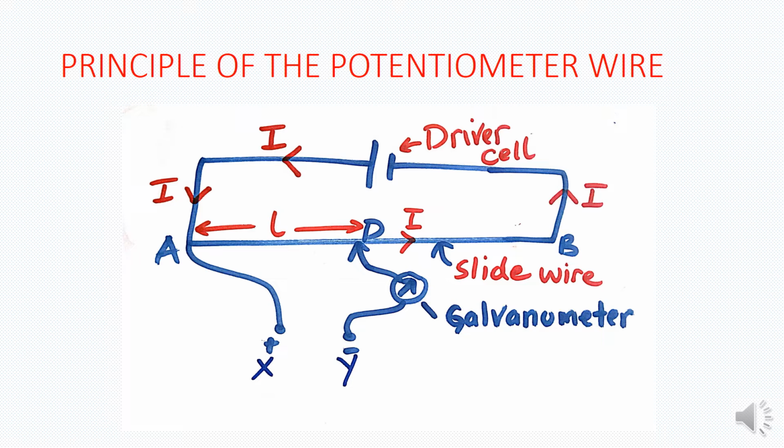So the PD of the driver cell is split all over the wire, and therefore the PD per centimeter is going to be constant. So from any point A up to point B, we find that the PD increases as you move towards point B. So between any 2 points such as A and D, the potential difference between those 2 points is directly proportional to the balance length L. That is the principle of the slide wire potentiometer.